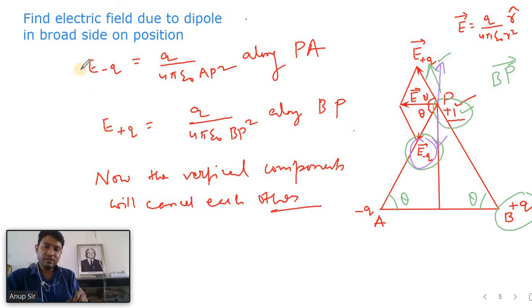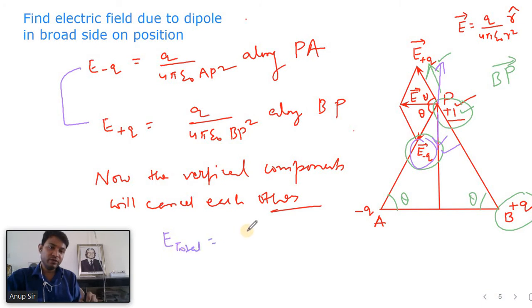These E plus Q and E minus Q are equal in magnitude, only the direction is different. So the vertical components are equal but opposite in direction, and they cancel each other, and only the horizontal component will remain.